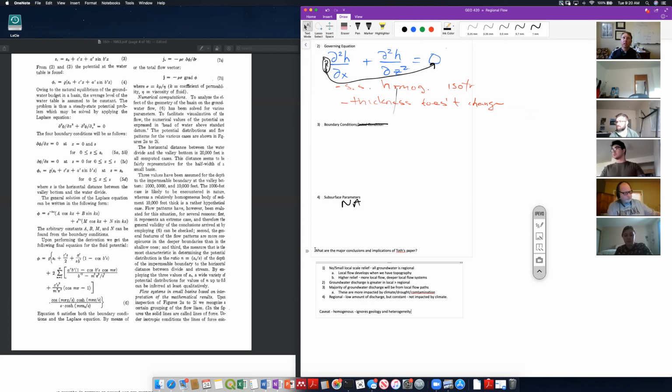In general, regional flow would tend not to be too susceptible to changes in topography, because these are flow paths that have been set up by large wavelength topography, like the fact that the Rocky Mountains are there, not the shape of Mount St. Helens, but the fact that Mount St. Helens is higher than all the surrounding valleys. But the local flow systems could get very affected by it. If you blow off half your mountain in a volcanic explosion, then all those local flow paths got totally changed by the new topography.